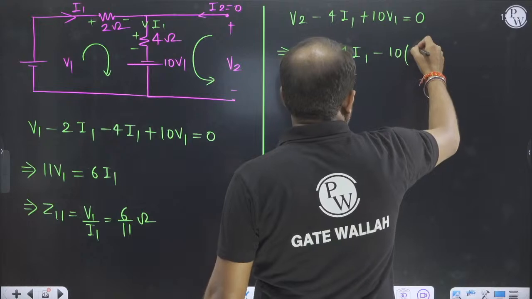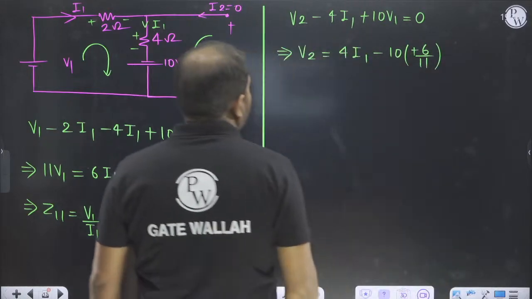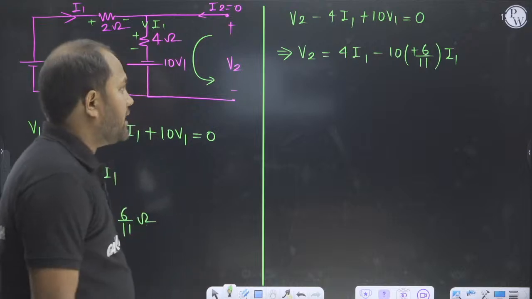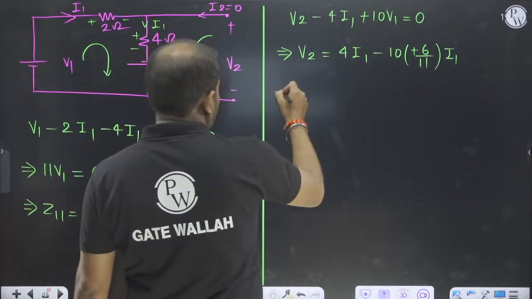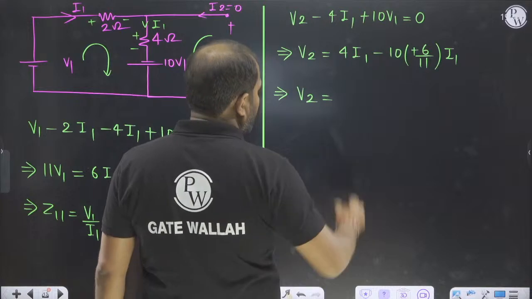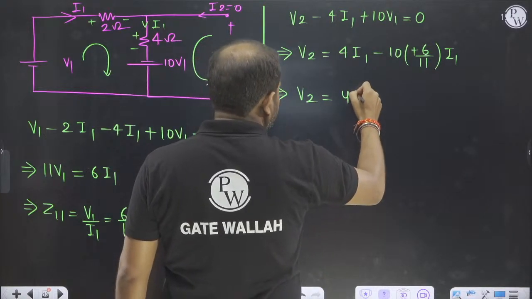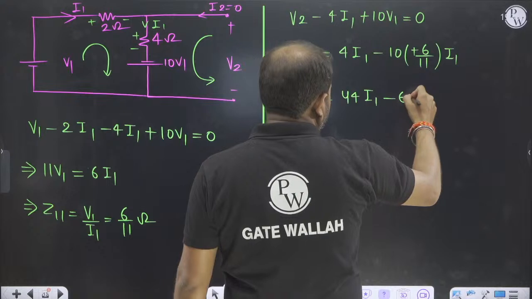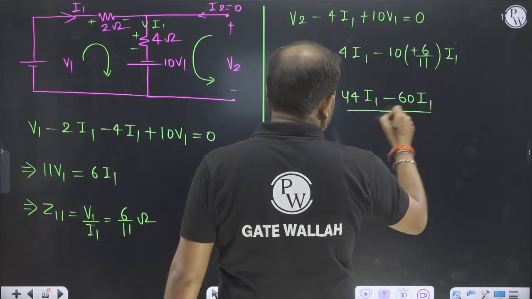6 by 11 I1. Yes, sir. Then I will write V1 = 6 by 11 I1. Then V2 will be equal to 11 44 I1 minus 60 I1 divided by 11.